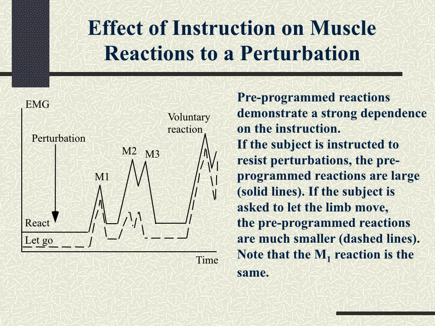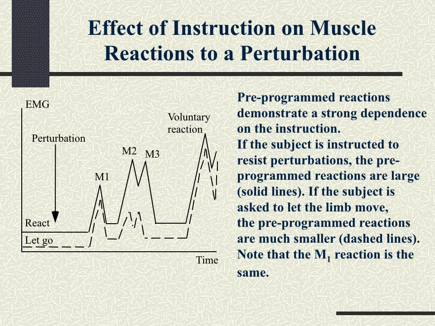So one of the big differences is that pre-programmed reactions, or what we're calling pre-programmed reactions in this lecture, are different in that they strongly depend on the instruction to the subject.